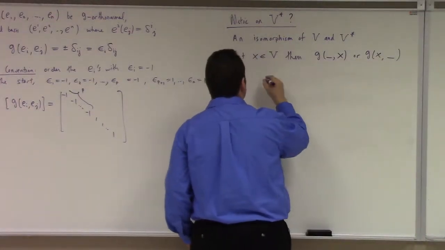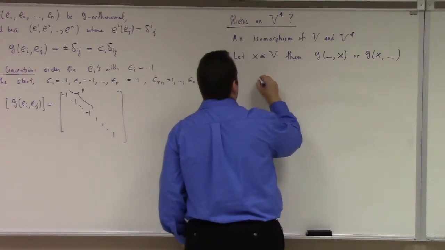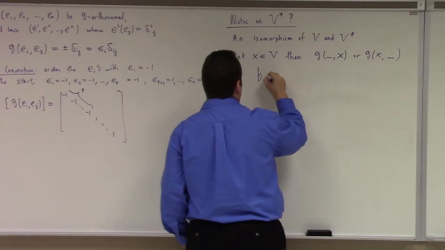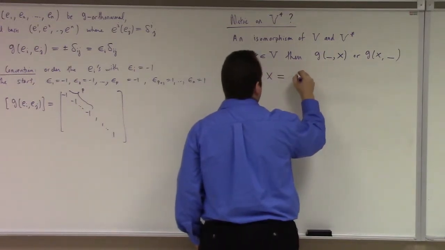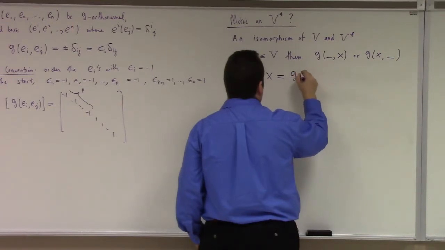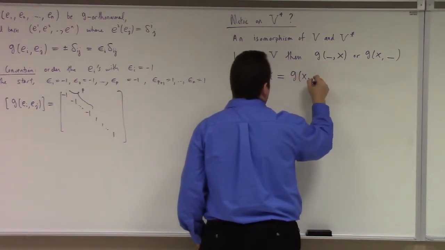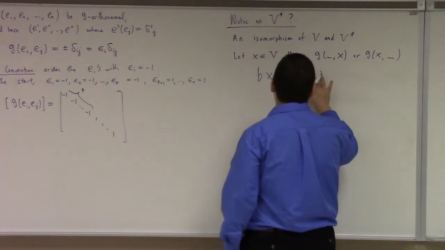The flat of x is equal to g of x comma blank, or sometimes people write a dot.